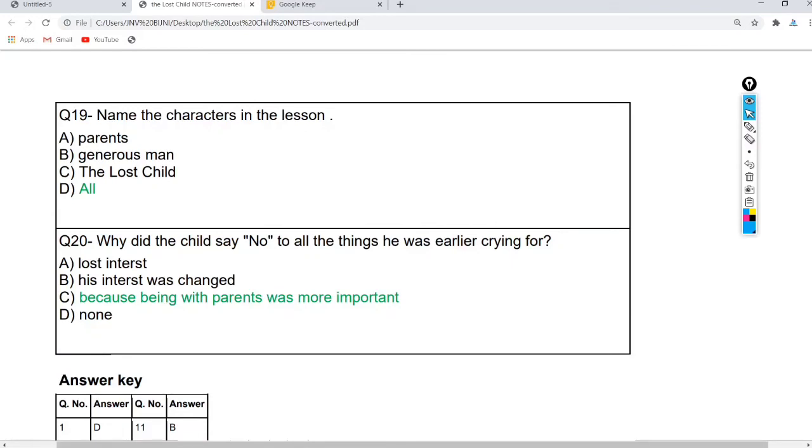You see the answer: his interest changed because being with the parents was more important. D, no. So the answer will be, for the child what was important was the father. Father was very much important for the child, and therefore he did not pay any attention to any other thing, only he was very much concerned about the parents.